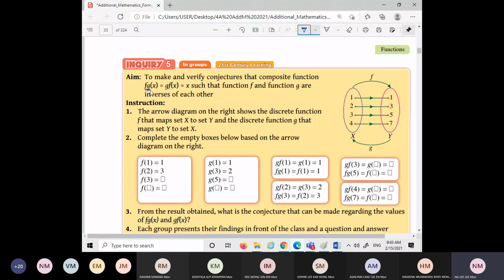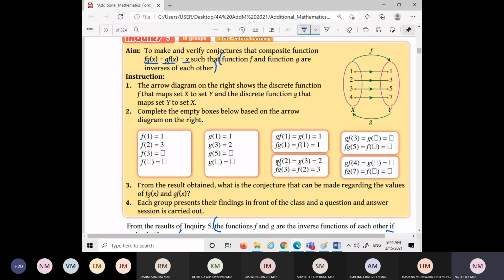If you have this kind of composite function, you remember you learned composite functions, you find fg(x), you find gf(x). If your fg(x) is equal to x, and your gf(x) is also equal to x, it means functions f and g are inverses of each other. That means g is the inverse function of f, and f is the inverse function of g. Now we want to prove this through this activity, so we continue.